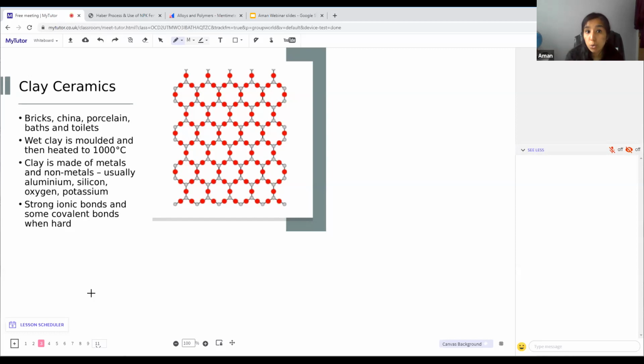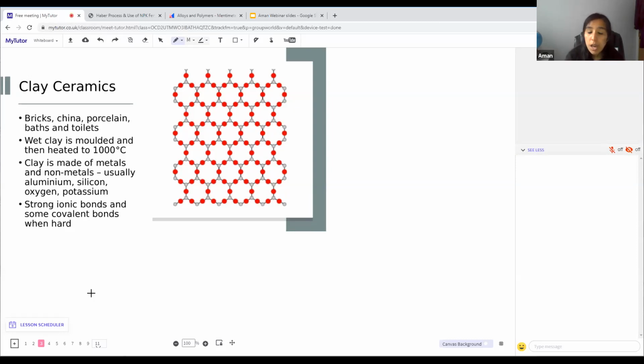So that's why we can mold wet clay. But when we heat up that structure, when we've molded it, we're removing any water from that structure. And when we remove any water from the structure, you're relying on covalent and ionic bonds in that structure, which makes it really tough. So that's why when we have wet clay, it's moldable, but when we have hard clay, it's essentially been heated to remove any water from it.